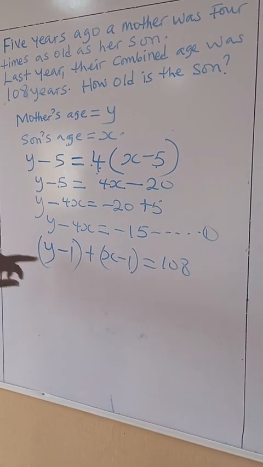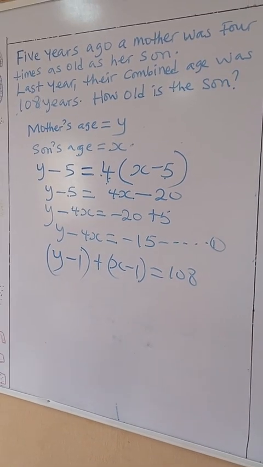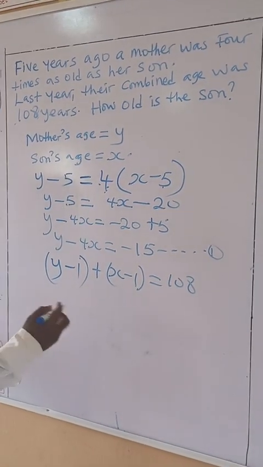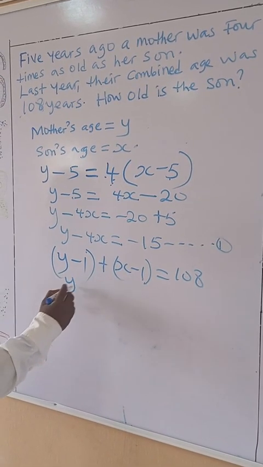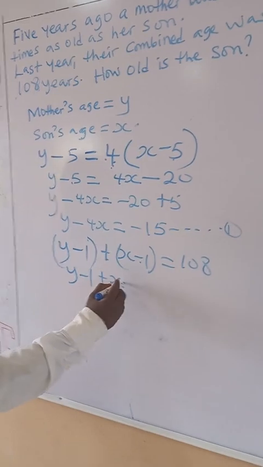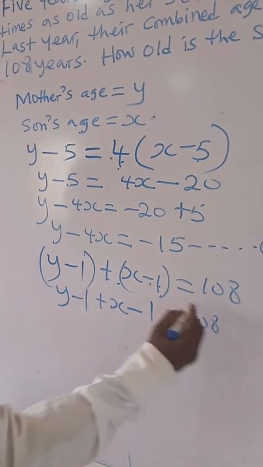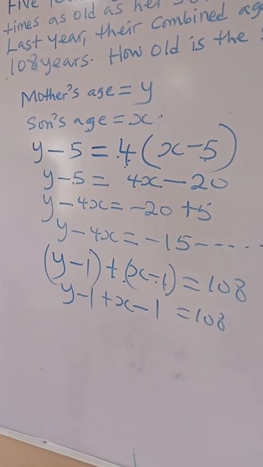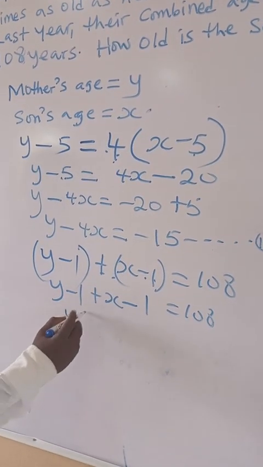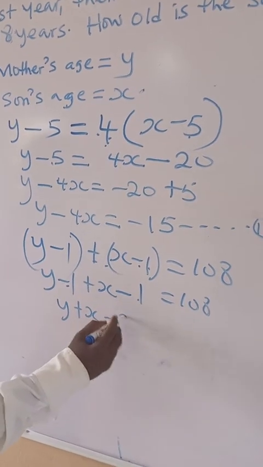The combined age of the mother and the son equals 108. Then I open the bracket. I have y minus 1 plus x minus 1, that is minus 1 times 1 gives 1, equals 108. Now from here, y plus x, minus 1 minus 1 gives minus 2.